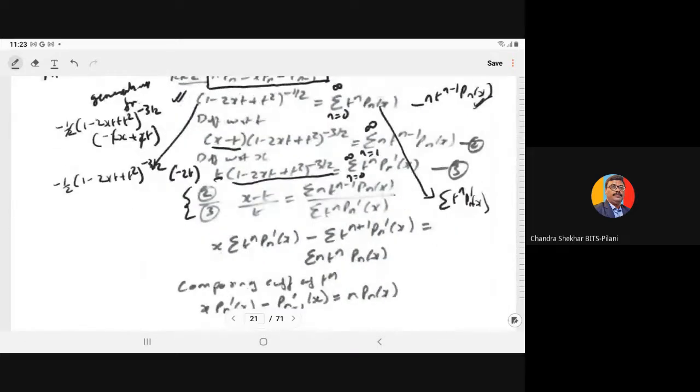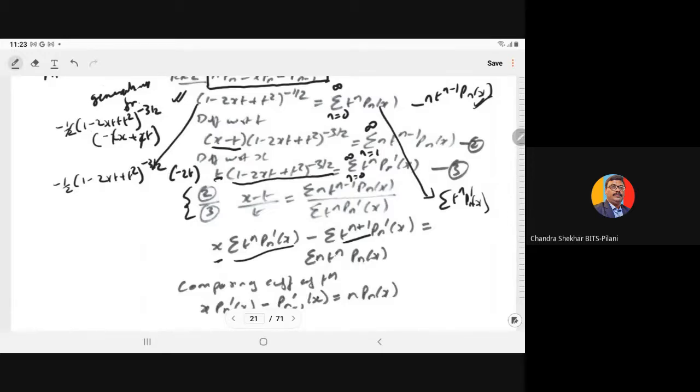If you cross multiply, you have x into the summation of t to the power n P_n(x) minus t into t to the power n, which gives t to the power n plus 1, and P_n dash x is equal to n into t to the power n P_n(x).